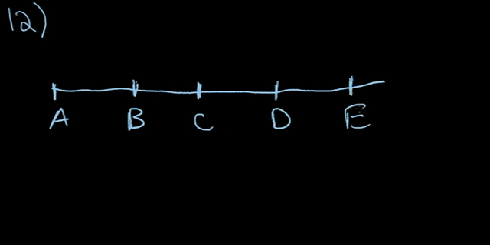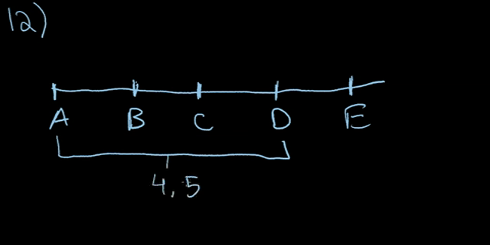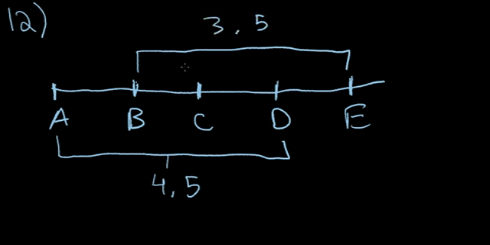Okay, A, B, C, D, and E. If the length of AD is 4.5, so this length is 4.5, and the length of BE is 3.5, so BE equals 3.5, and if the length of CD is 2, what is one possible value for the length of BC? So what is the value of this length?